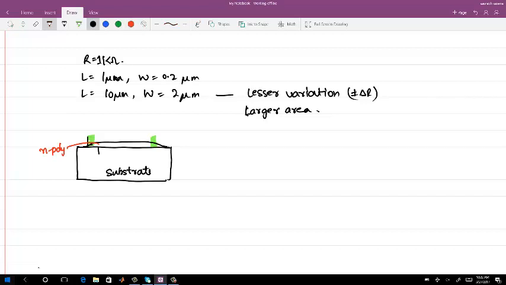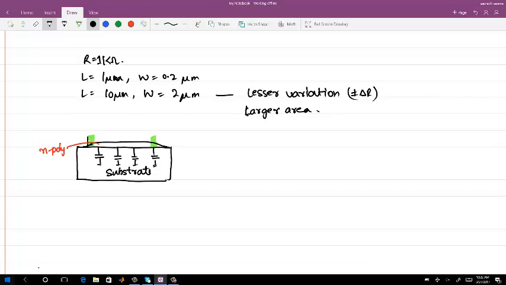But your substrate will be grounded in most cases, so you will have parasitic capacitance. If you think that you are only realizing a resistance on silicon without any parasitic capacitance, that is not true.